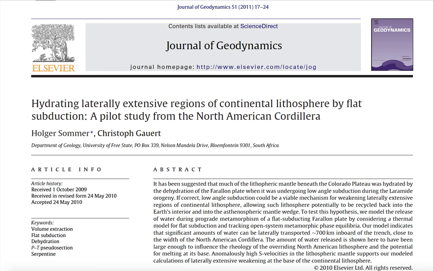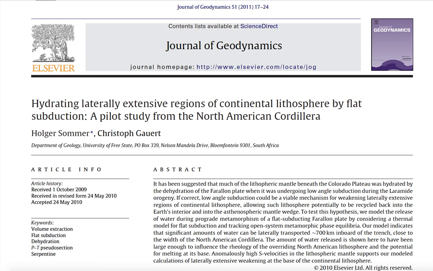But now, in this publication, which I wrote in 2009 and published in 2010, I made theoretical calculations to see if it is possible to store the water there, and if it fits together with the geotectonic setting which we found in the Western United States.